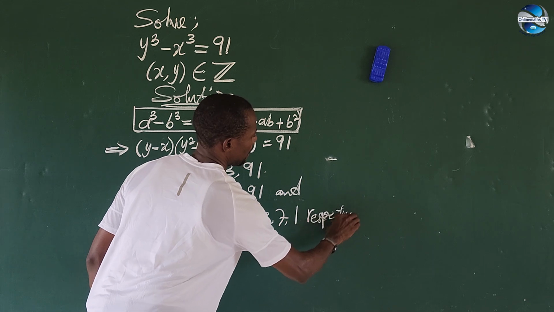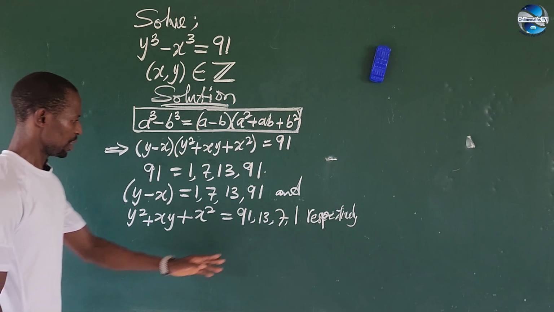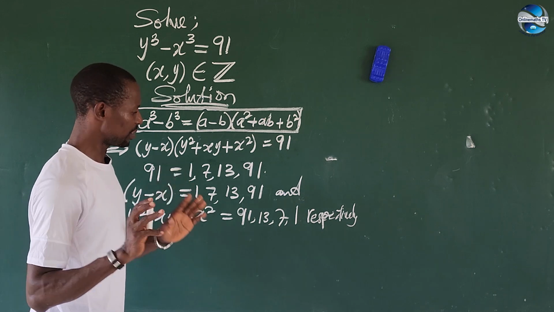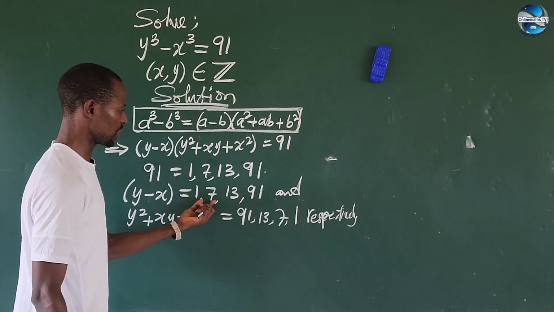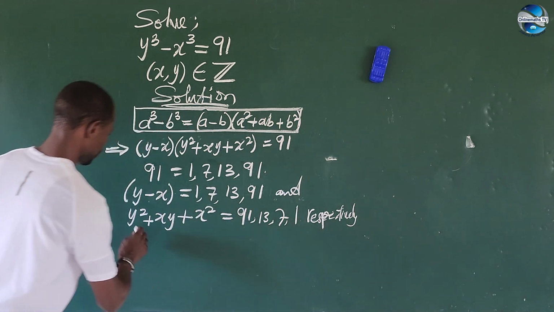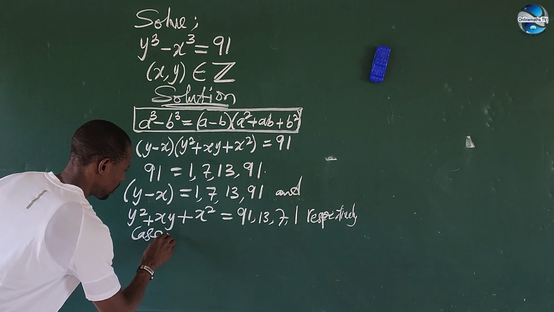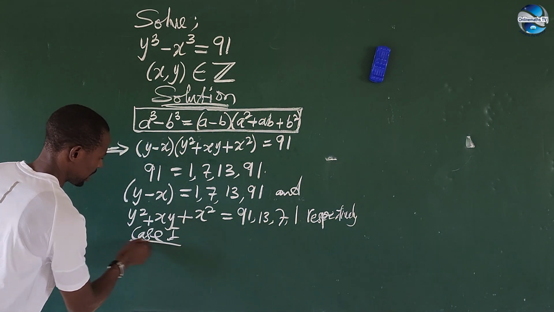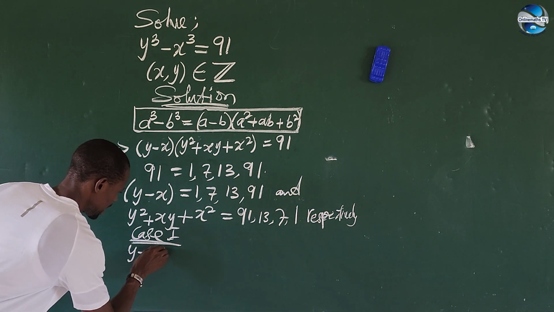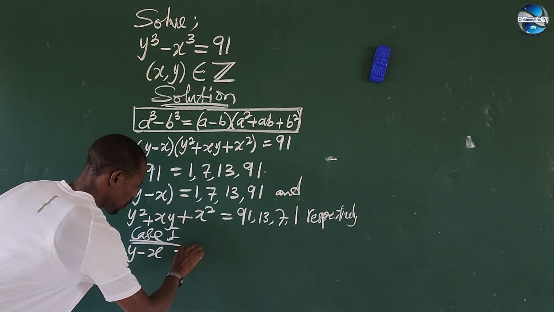Okay. All right. So from here, what do we do now? We're going to take the 4 different cases: case 1, case 2, case 3, case 4. So we're going to take case 1 today. So we have here case 1. What is our case 1? We have y minus x equal to 1.